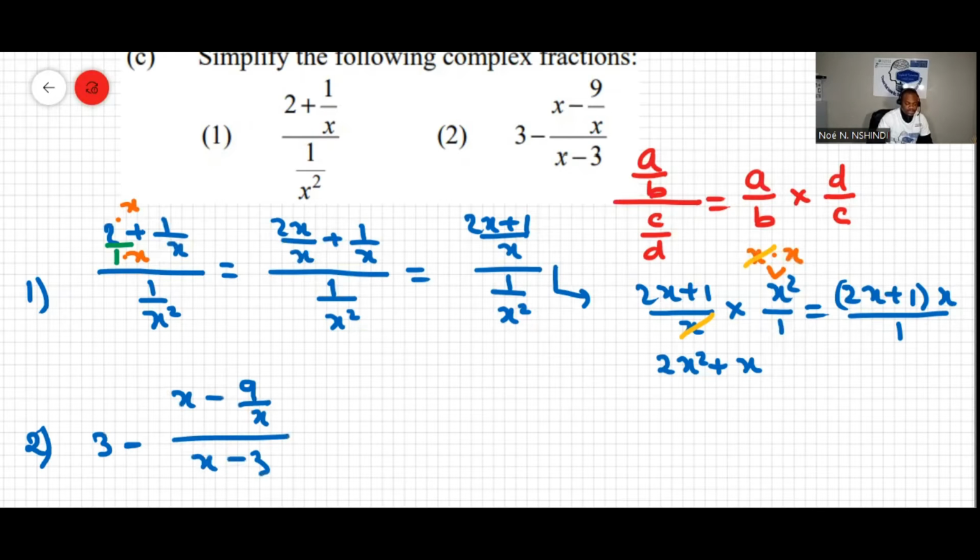So over here, let's first simplify the fraction here. It will be equal to 3 minus, and over here the denominator is just 1. So to combine the middle terms, we multiply the terms here by x, and the terms there also by x, then this will become x squared over x minus 9 over x, over x minus 3.